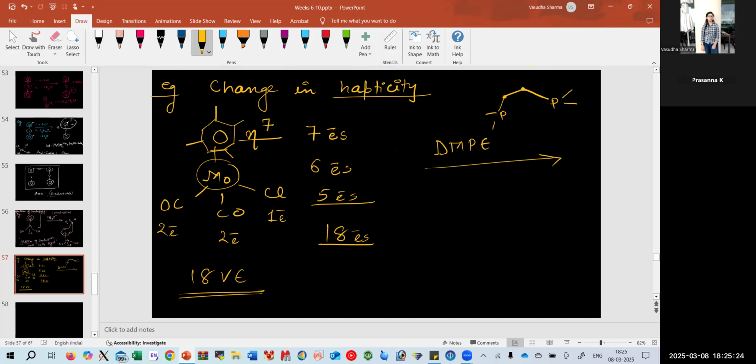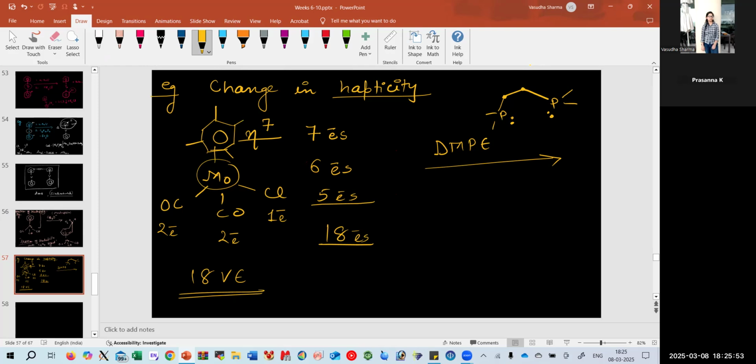Now, as this is a 2 and 2, 4 electron donor, it is bound to change the hapticity. Either it can remove your carbonyl group, but compared to the carbonyl, the change in hapticity is more labile. So whenever you have a chance of either dissociating a ligand or changing the hapticity, the hapticity change would be the factor which happens at a faster rate.